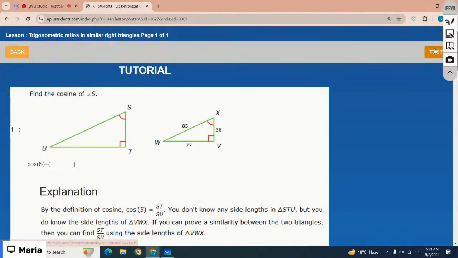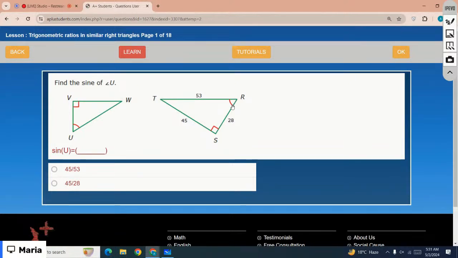Okay, let's just start with the test questions. Find the sine of angle U. Okay, angle U. So let's just prove the triangles are similar, right?